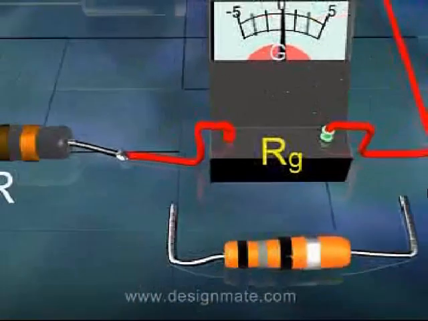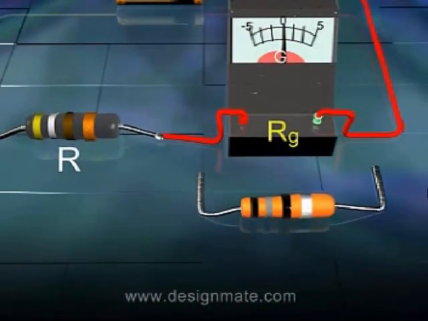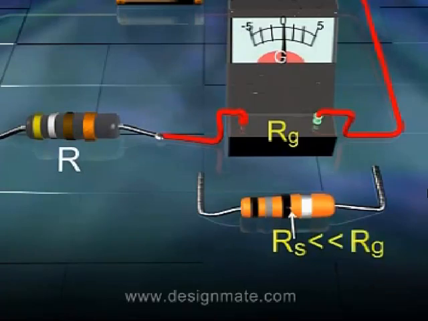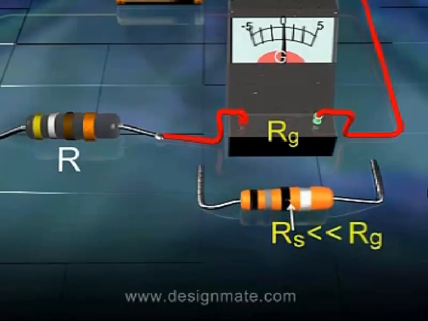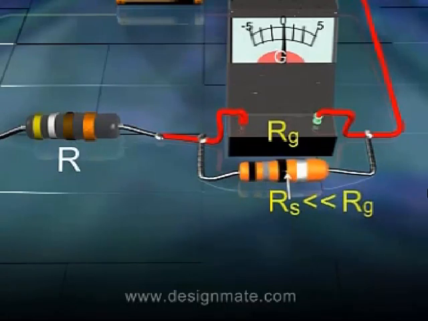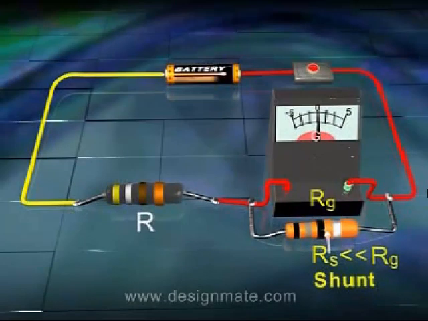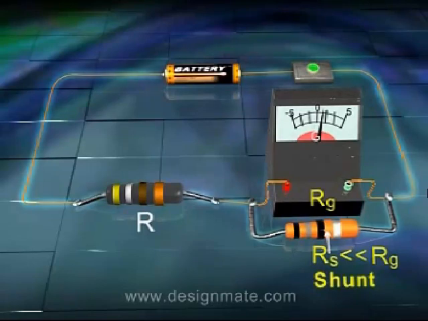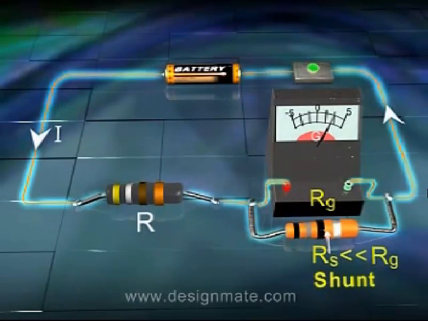These problems are taken care of by using a resistance of value less than the resistance of the galvanometer in parallel with the galvanometer. Such a resistance is called shunt. The resistance of the shunt being much smaller than that of the galvanometer, most of the current passes through the shunt and the possibility of damage to the galvanometer is avoided.